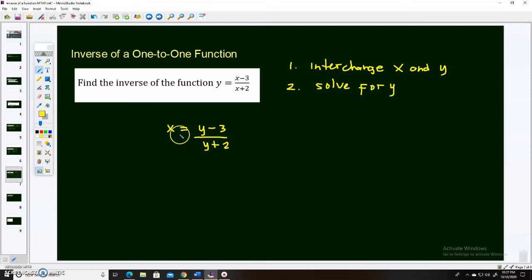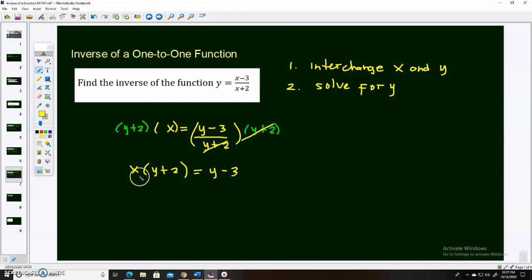Solving for y here, we have to multiply both sides by the denominator, which is y plus 2. The result would be x times y plus 2, and of course this cancels out on the right, so that would be y minus 3.